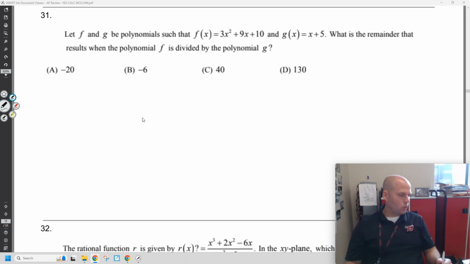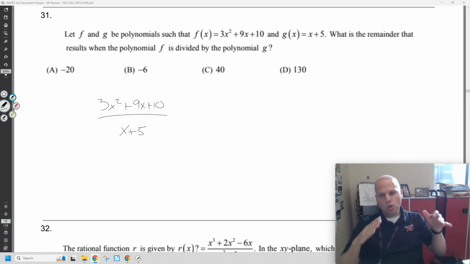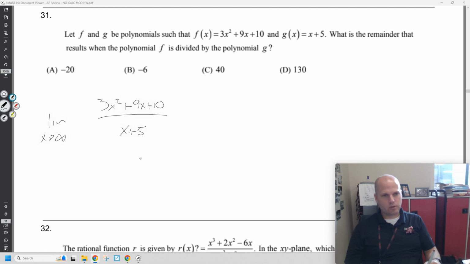Oh, word! What happens if you have something like this over something like this? Could we be a little bit more specific about our end behavior? You can probably understand that if I'm plugging in big numbers, I don't care about this, this, and this.